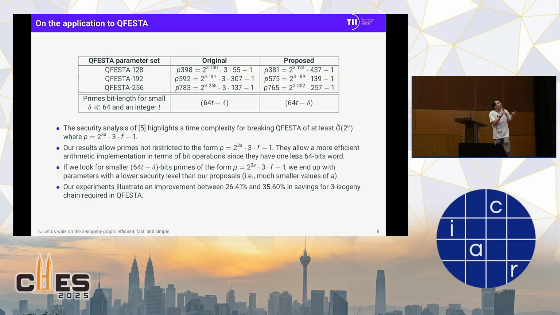So this is the main application to an interesting protocol. We highlight that there is no implementation again of QFesta over C. We didn't implement it because you need more fancy mathematics. But essentially, this will be interesting because it's shorter, it's Montgomery friendly. We improve the parameter sets.